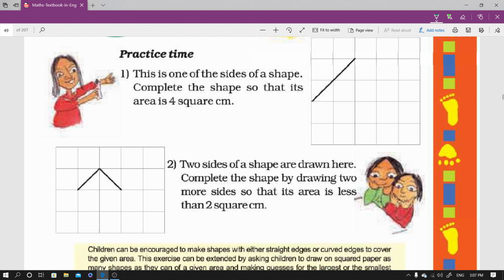Practice time. This is one of the sides of a shape. Complete the shape so that its area is 4 square centimeter.